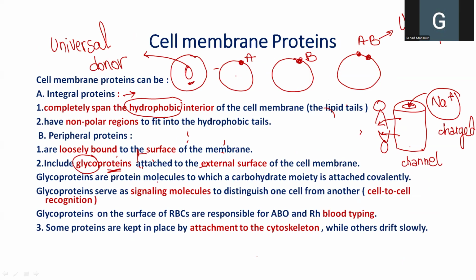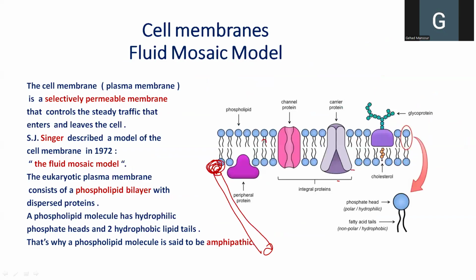While there are other proteins that drift laterally along the cell membrane. So you will find some proteins that are kept in place by those cytoskeletal fibers, okay? Whereas other proteins that are not attached to the cytoskeleton might be displaced to the right and to the left laterally.